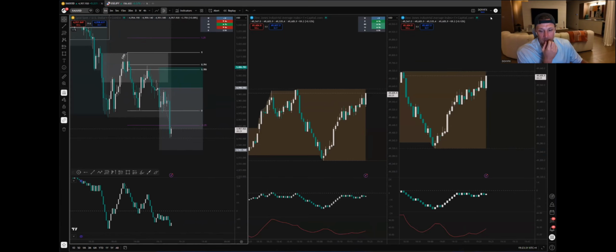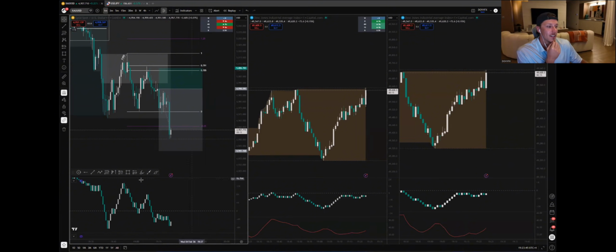I only risked 5K on this trade. But okay. Shit. Come on, man.